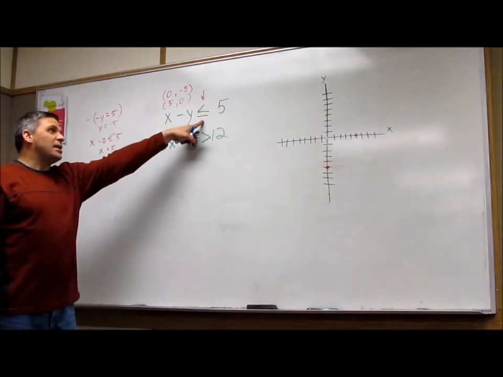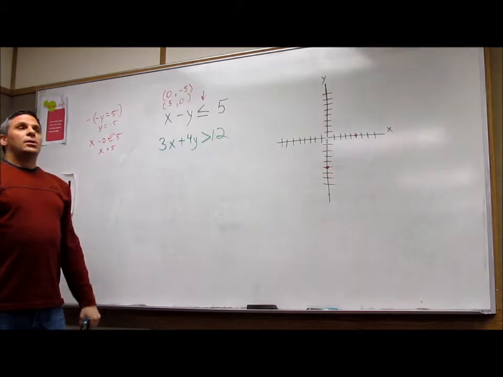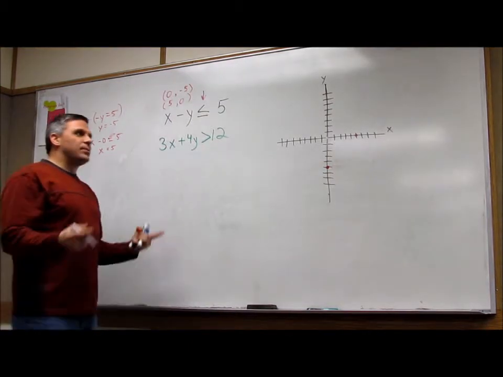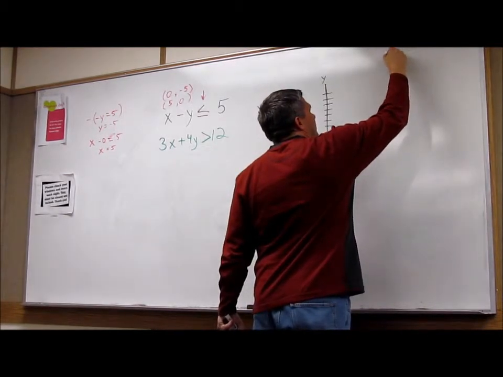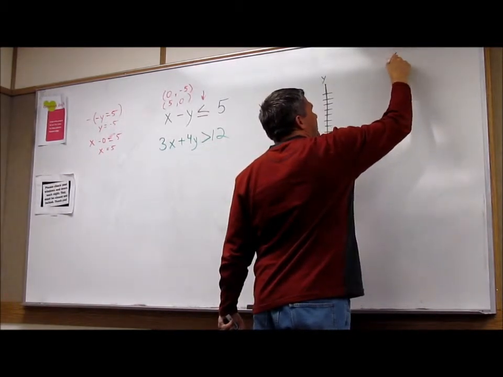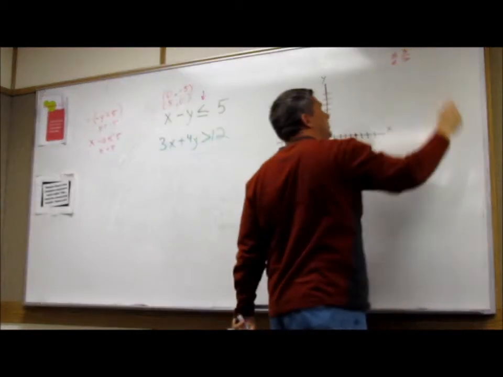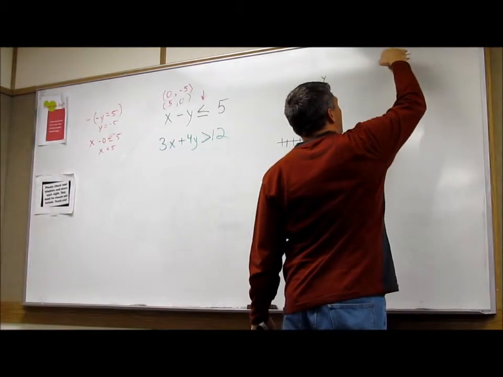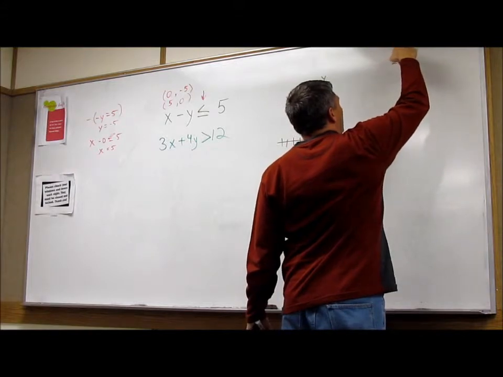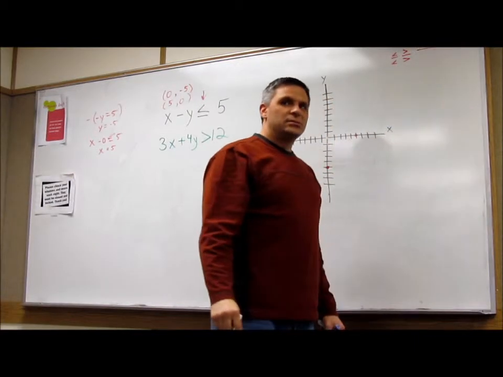And it tells me that it is less than or equal to. Remember, we have those little codes. We have less than, equal to, and less than, and then we have greater than, equal to, or greater than. Less than or equal to and greater than or equal to all tell me that I have a solid line.